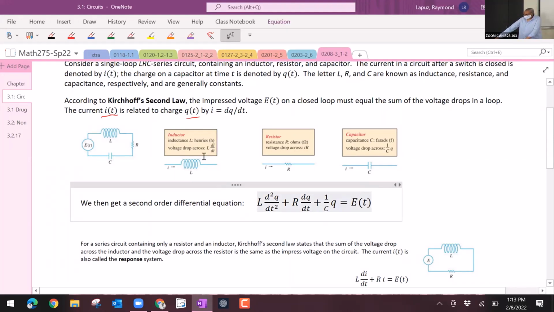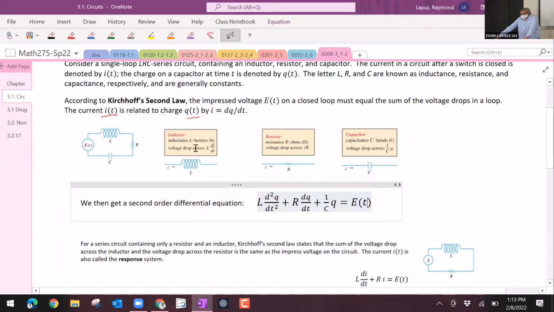If we add them all up, we have L times di dt, that's the inductor, plus R times I, and then plus 1 over C times Q. That's the voltage drop that you're looking at.